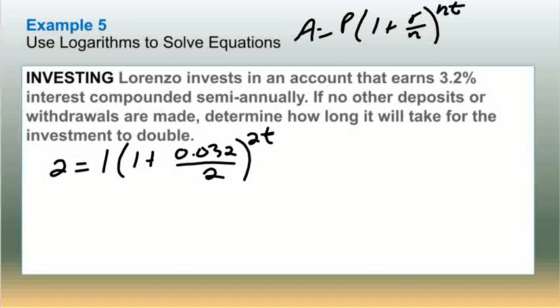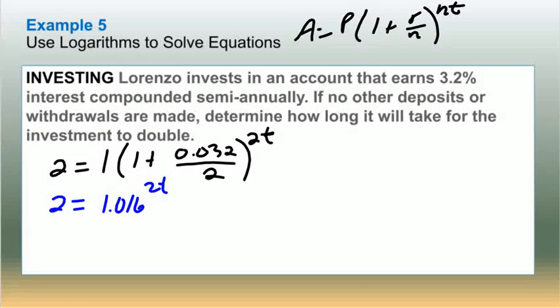We're trying to find the t in years. Now we're going to simplify this. So now we have 2 equals 1 plus 0.032 divided by 2, which gives us 1.016 raised to the 2t power.